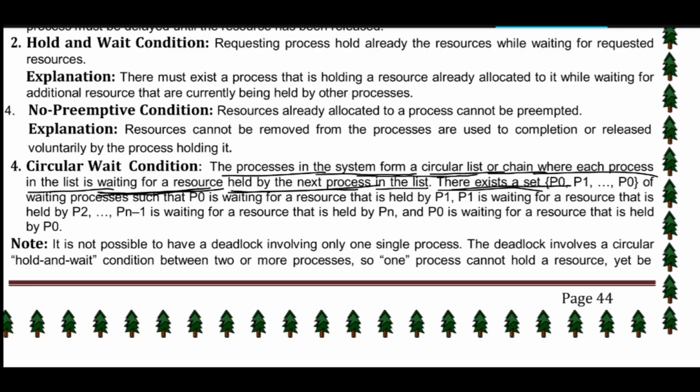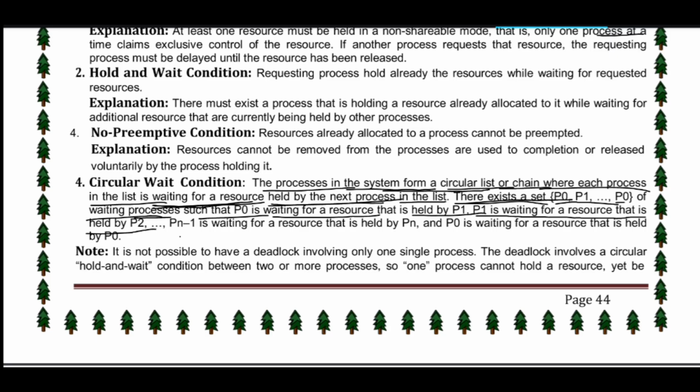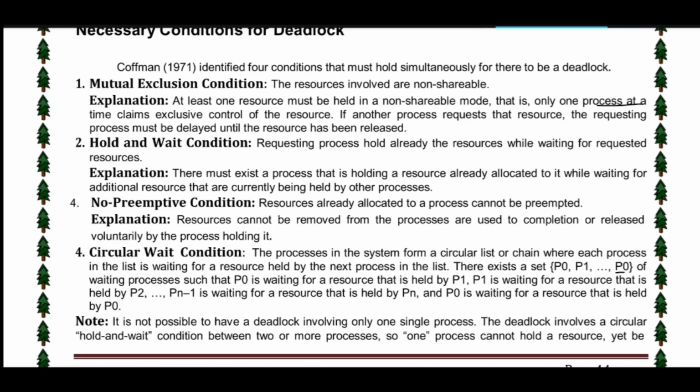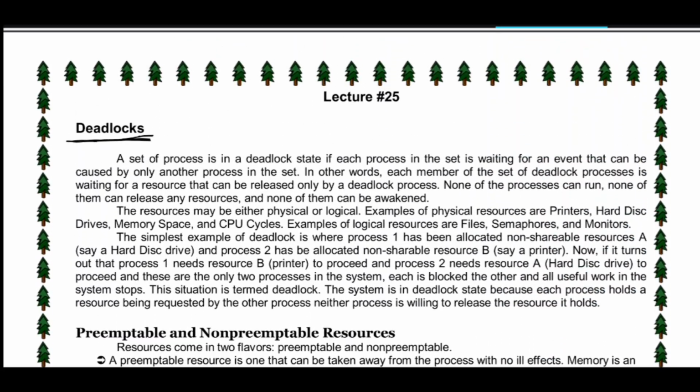There exists a set P0, P1, and so on, of waiting processes, such that P0 is waiting for a resource held by P1, and P1 is waiting for a resource held by P2. If these conditions are met, then deadlock definitely occurs. If these conditions don't hold, then deadlock can't occur.